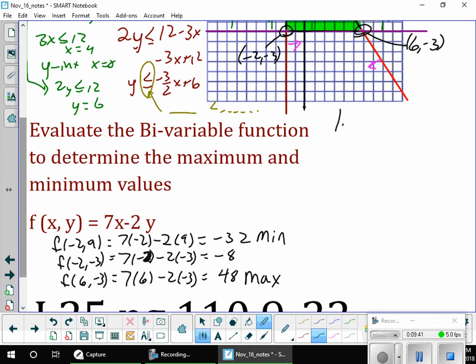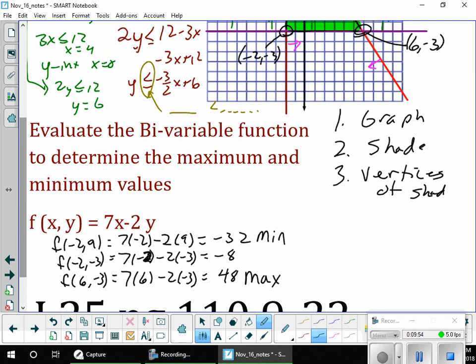So, graph, shade, find vertices of shaded region, evaluate bivariable function.